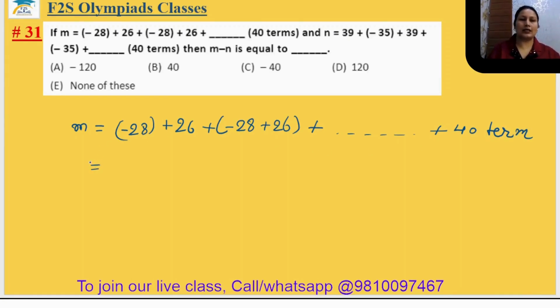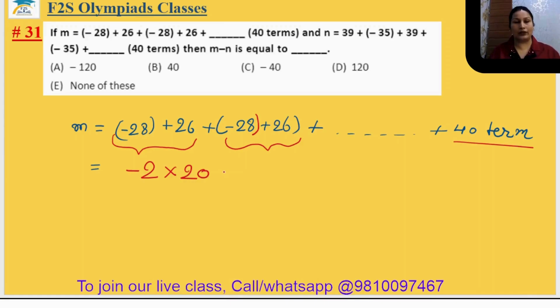So we can see here we can make pairs: minus 28 plus 26, minus 28 plus 26. How many pairs can we form? Since there are 40 terms, we can make 20 pairs. And minus 28 plus 26 equal to minus 2. There will be 20 pairs, so minus 2 multiplied by 20 equal to minus 40.